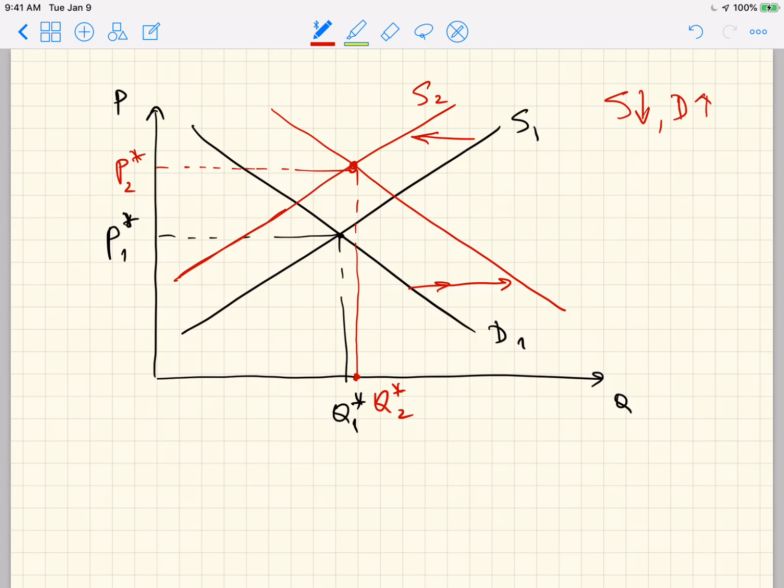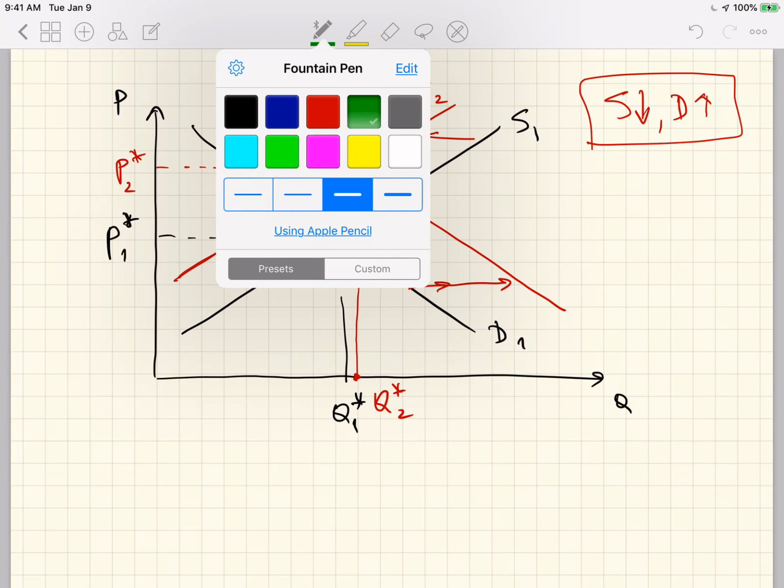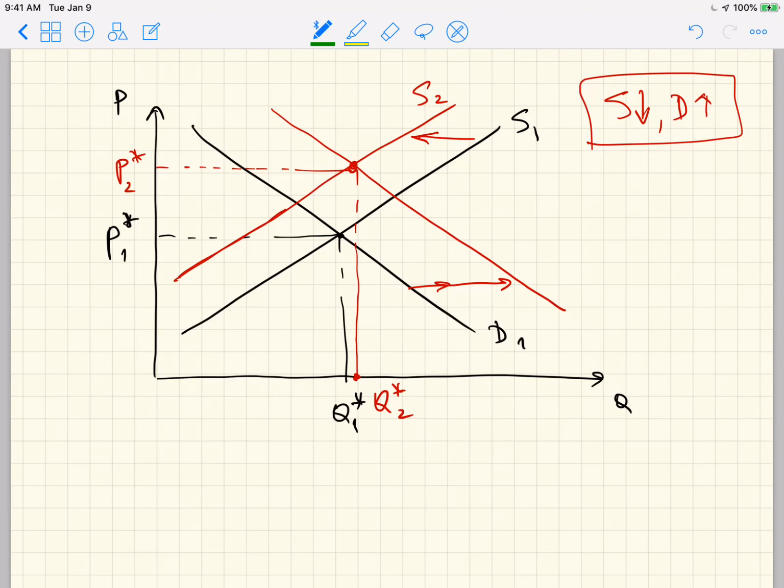Now, one thing we want to notice is that price in this case, where we have a decrease in supply and an increase in demand, definitely goes up. The reason we are so sure is because both shifts in those curves actually keep pushing price up. If you look at the effect of an increase in demand, if you trace it, the price is going up, right?